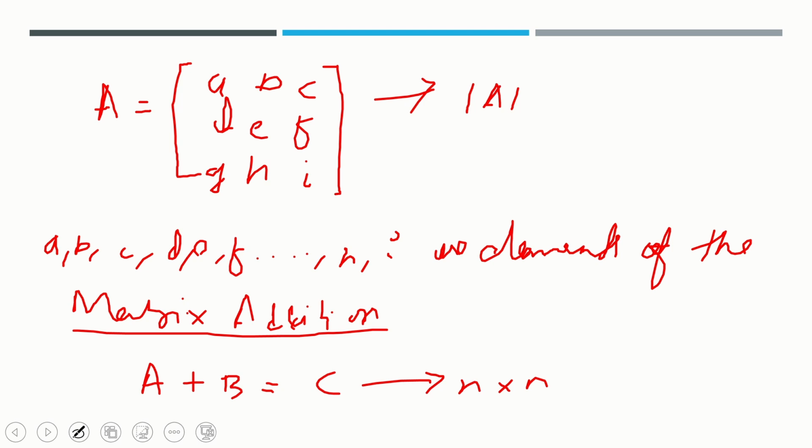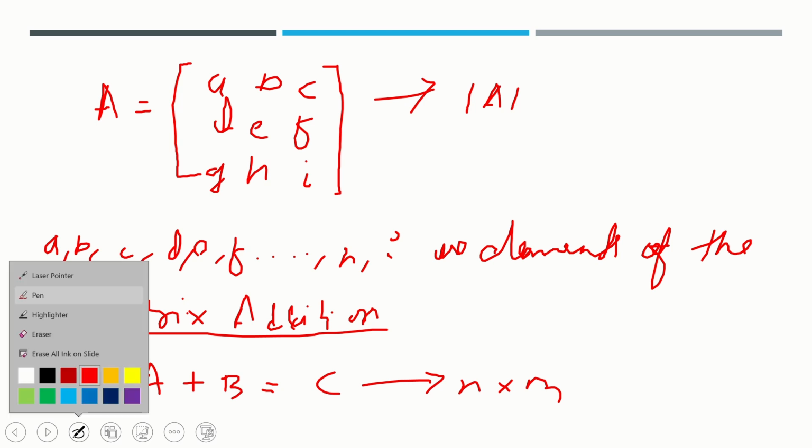Well, not n by n, basically n by m is the notation, but we are dealing with square matrices.